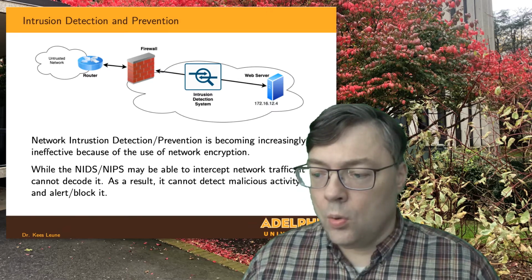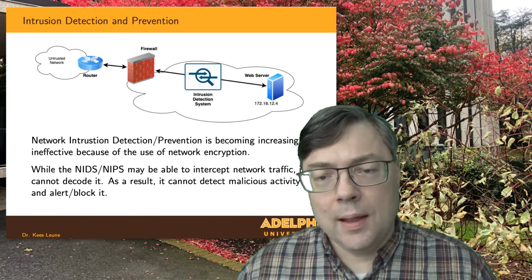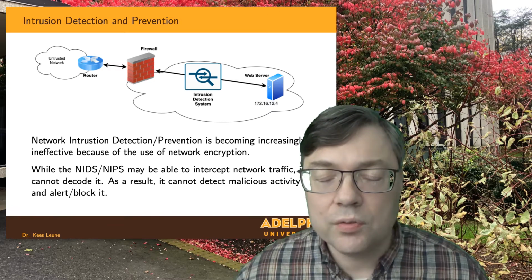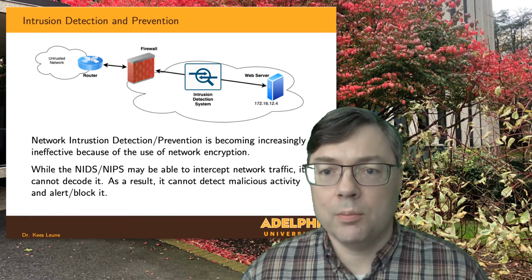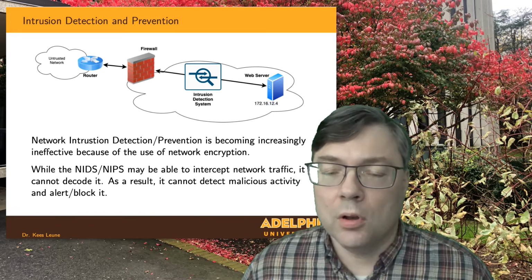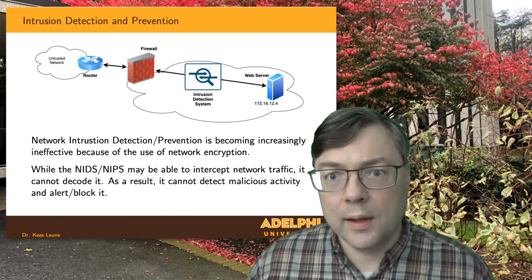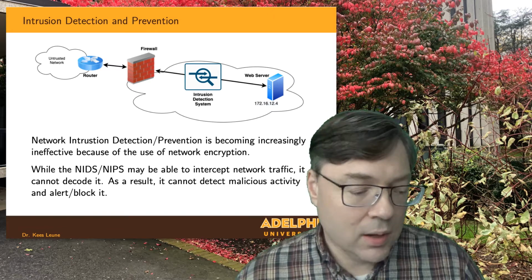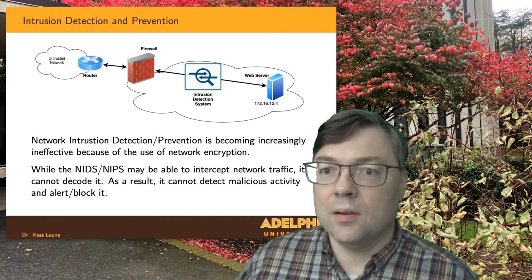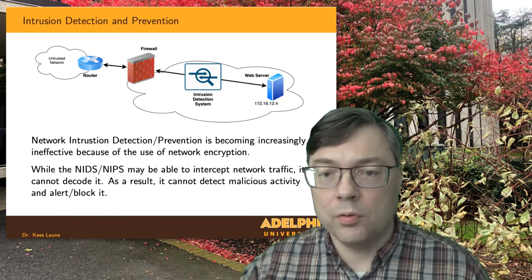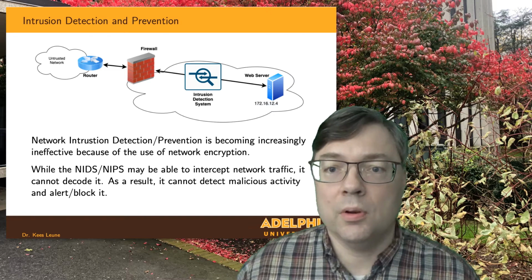And so, while the IDS or the IPS might be able to intercept network traffic, because of that increased adoption of encryption, it just becomes a lot less effective overall. At the moment, at Adelphi in our practice, we see that close to 90%, if not more than that by now, of all the network traffic traversing our firewalls is encrypted network traffic.